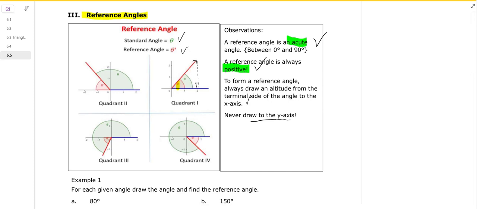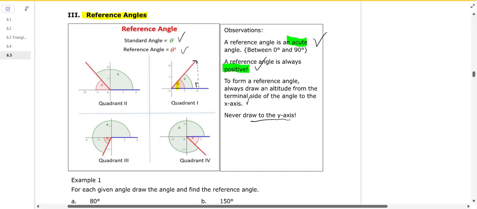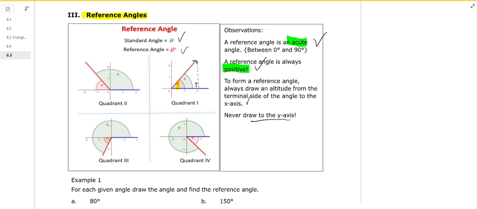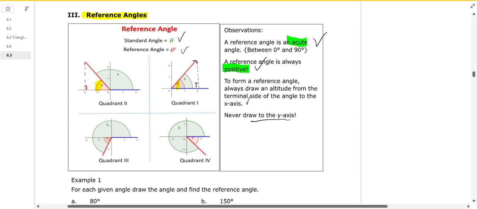If you go to quadrant 2, notice this is my angle theta, which might be something like 120 degrees or something like that. And then again, what you always do is draw an altitude to the x-axis at a right angle. That forms what we call a reference triangle, and the angle will be right here. I'm going to write kind of a little formula for each one of these.